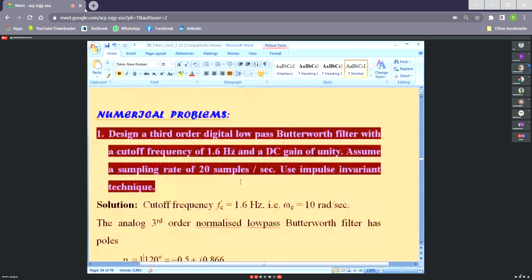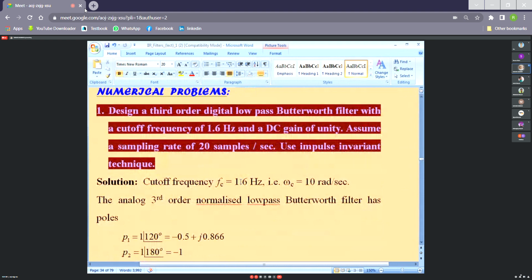First problem. Design a third order digital low pass Butterworth filter with a cutoff frequency of 1.6 Hz and a DC gain of 1. You have been asked to assume a sampling rate of 20 samples per second and use impulse invariant technique. So FC is 1.6 Hz.